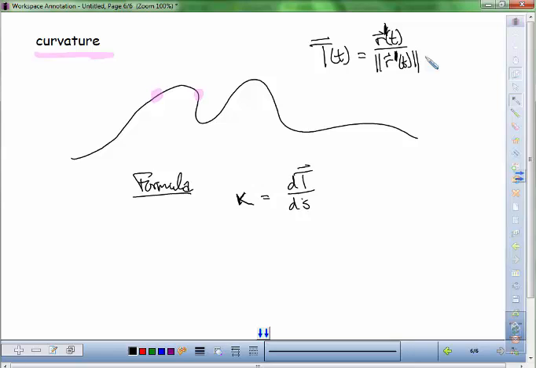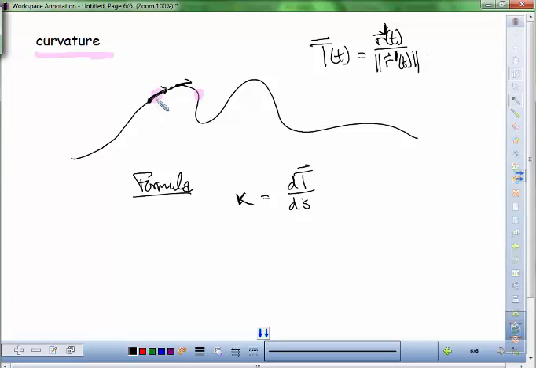And just to get a visual argument here, which is nowhere near a proof, because this is a unit vector, the length doesn't matter, so what's going to matter is the direction, how the direction is changing with respect to t.